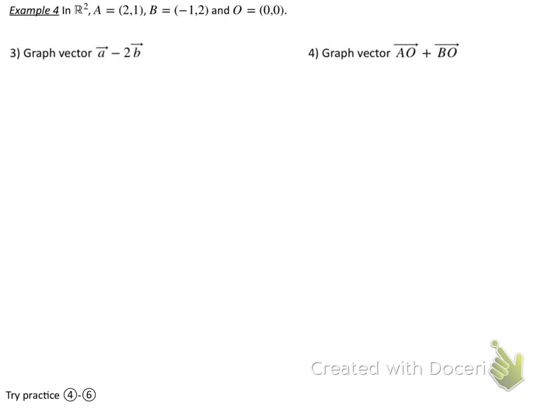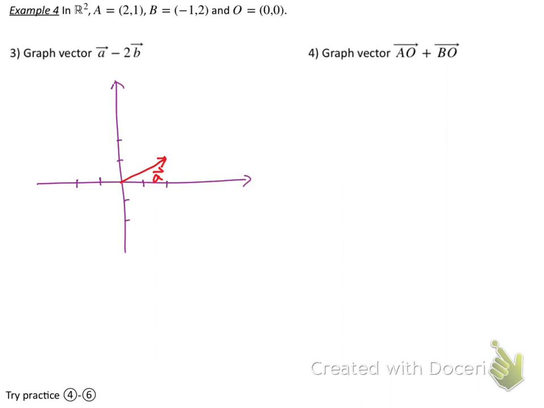Next, we are going to graph more complicated stuff. Graph vector A minus 2B. So let me first give you the A and B back. Oh, a little bit nicer since we're doing very careful graphing here. So my A is this.